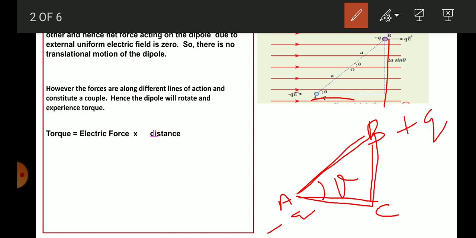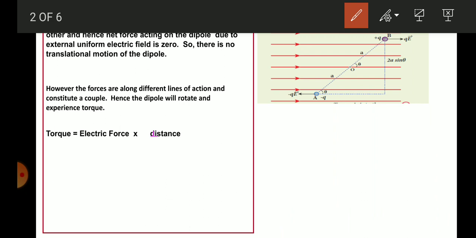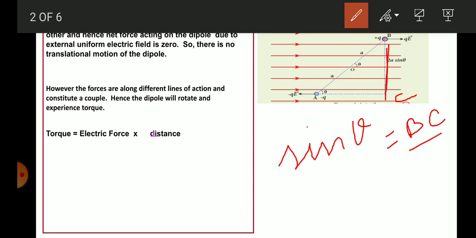Let me calculate the value of sin theta. What is the formula for sin theta? Opposite by hypotenuse. Correct. What is the opposite side of this theta? Let's say this is point C, then it is BC divided by the hypotenuse AB.